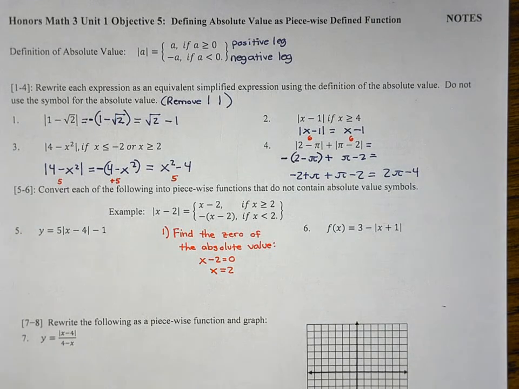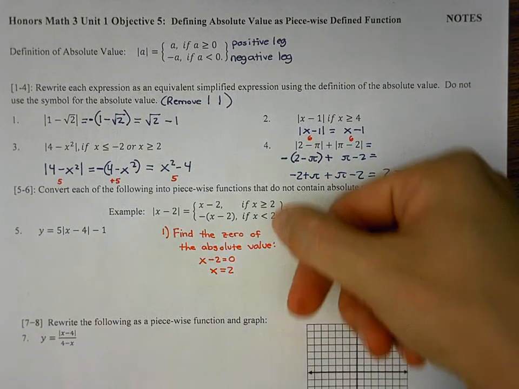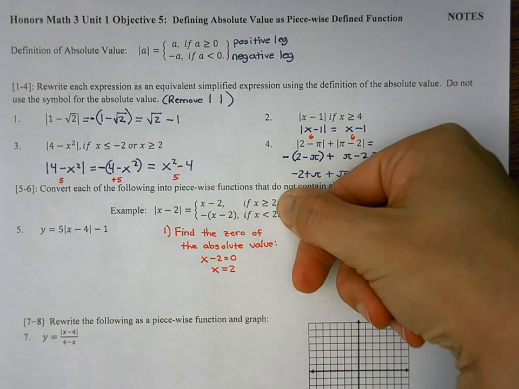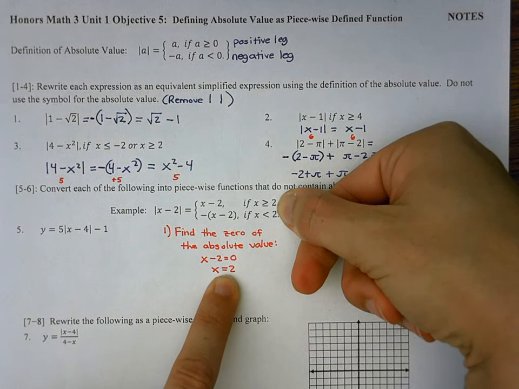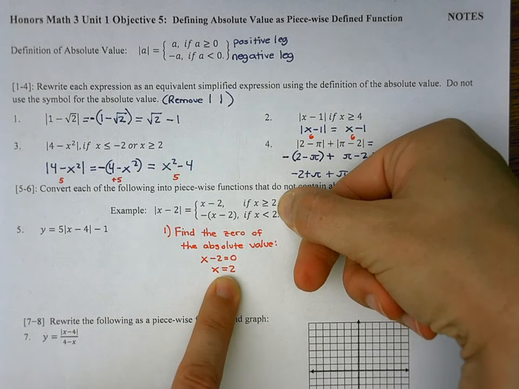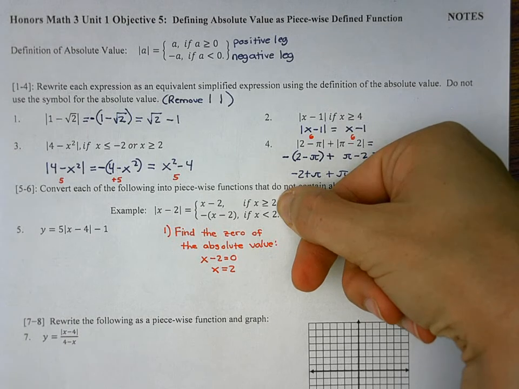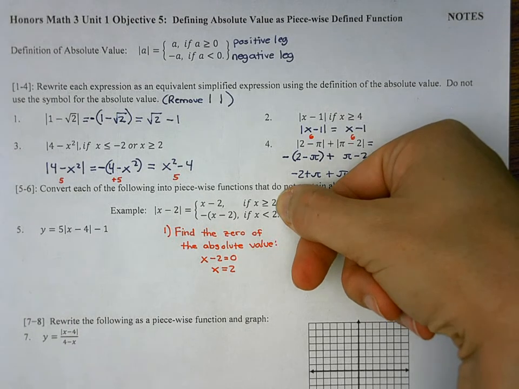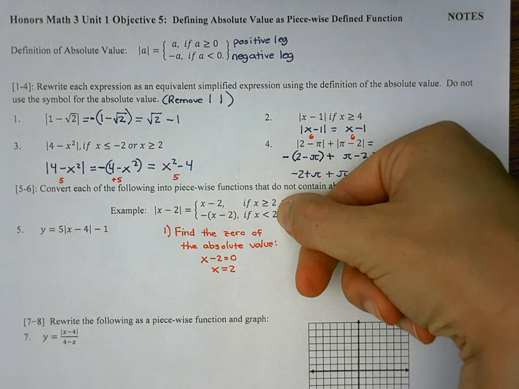Why do I need to do that? Because over here, that 0 is going to create the edges of your two intervals. We are going to have one interval that is going to be greater than or equal to 2, and one interval that's going to be less than 2.